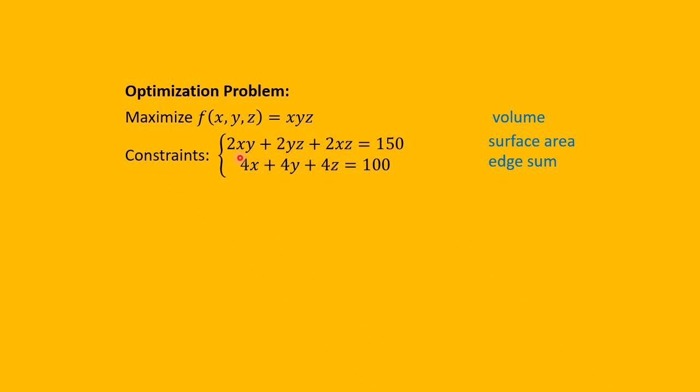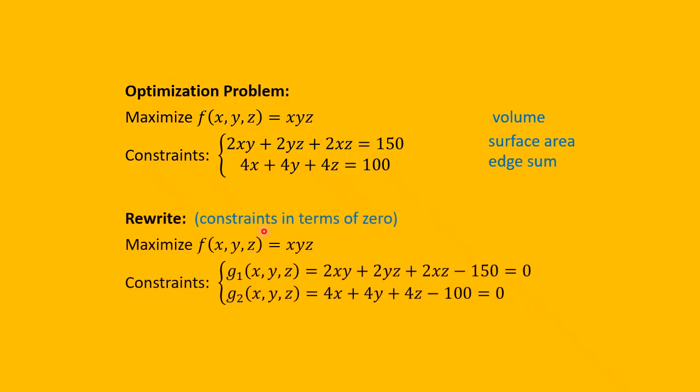The sum of all 12 of the edges is 4x plus 4y plus 4z, and our constraint there is that this quantity has to equal 100. So we have for the constraints a constraint on the surface area and the sum of the edges of this box, the edge lengths. Now, we're going to rewrite this just slightly.